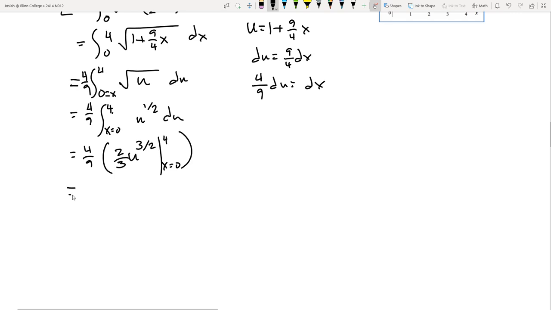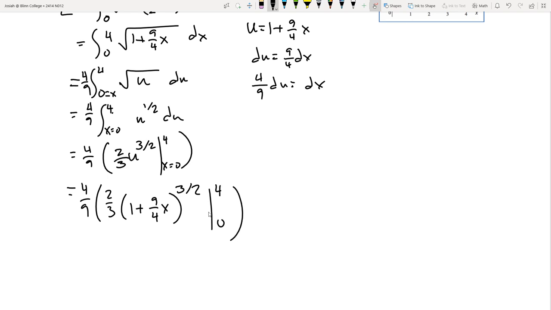All right, and we'll put x back in. It was 1 plus 9 over 4 x to the 3/2 from 0 to 4. While we're at it, we may as well multiply these together, bringing the 2/3 out, so we've got 8 over 27. I'll write it one more time this way. So we've got 8 over 27, and I'll open some parentheses, plug in the 4.